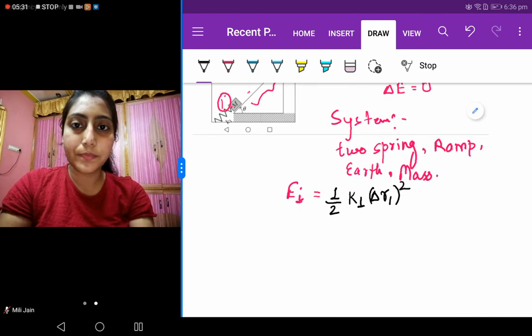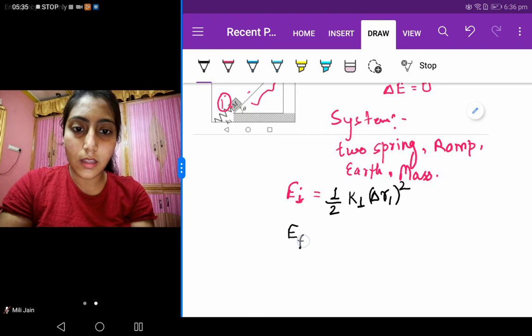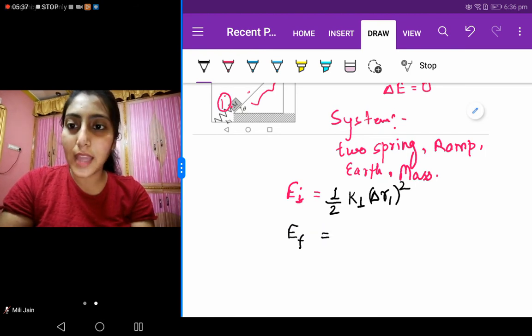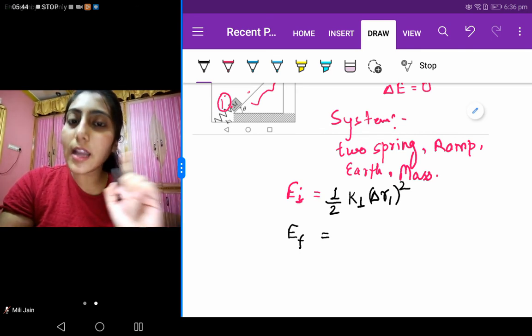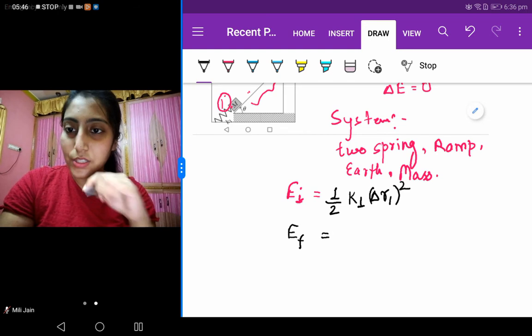Next is the final energy, at the second point. As we have discussed, at that point we have the spring potential energy due to the second spring and the gravitational potential energy due to the height hf.